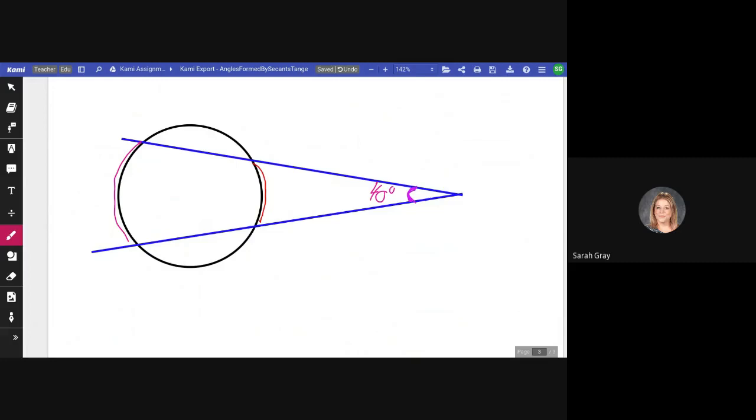We're going to take the large arc, I don't know, what's that, 100? Minus the small arc, degrees. And that's going to equal the angle. This is going to be large arc minus the small arc, and that's going to equal twice the angle.